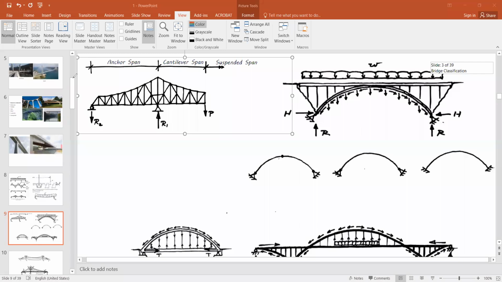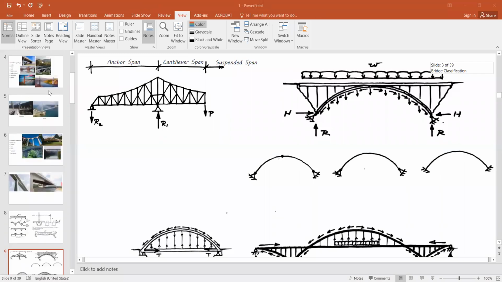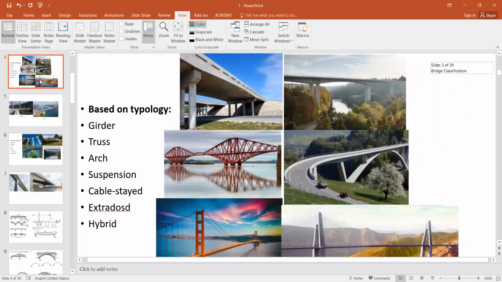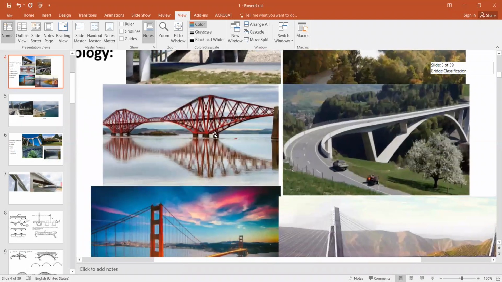Let me show you a bridge. Here I have added a picture. You can see how these bridges work and how they are constructed. So this is a typical truss bridge. You see that a span is coming here. This is the anchored span, this is the cantilever span, and this is the suspended span.